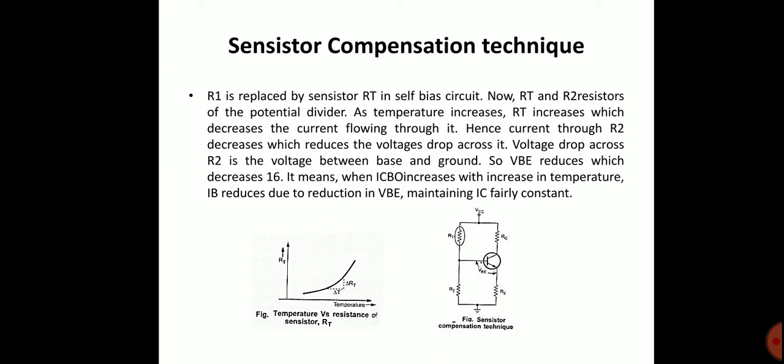The voltage drop across R2 is the voltage between the base and ground. So the base emitter voltage reduces, at the time when ICBO increases with increasing temperature. So the base current reduces due to the reduction in base emitter voltage, maintaining IC fairly constant.